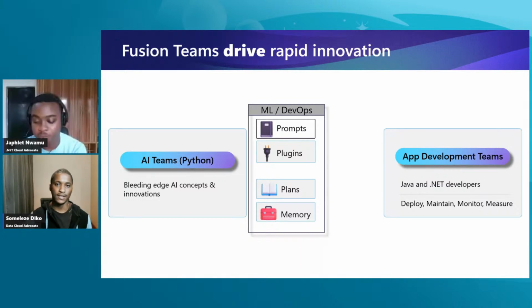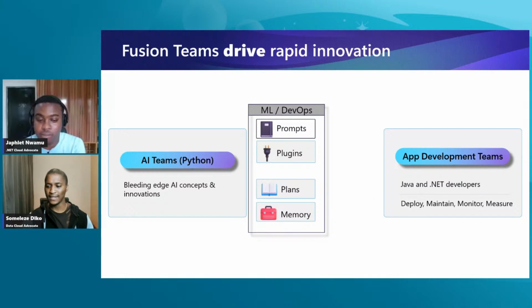So what we've been focused on is how do we have the AI Python teams get started, understand how this works, and reuse their assets and give them over to their counterparts in the application development teams, the Java teams, .NET teams as well, who do this every day, who focus on monitoring and deployments and maintaining the actual applications, and also take that kind of feedback coming from the customers and go back to the Python teams again and have the circle going on and on.